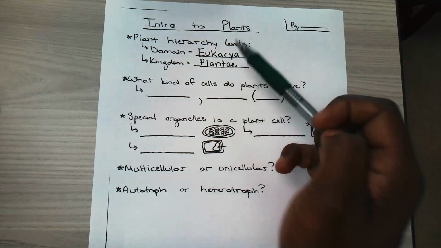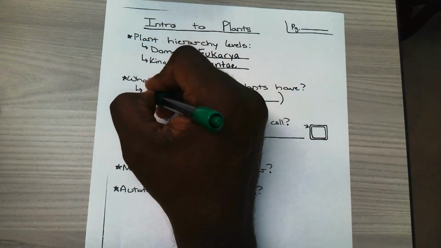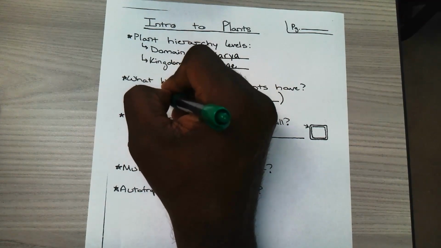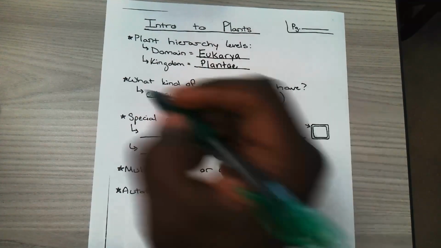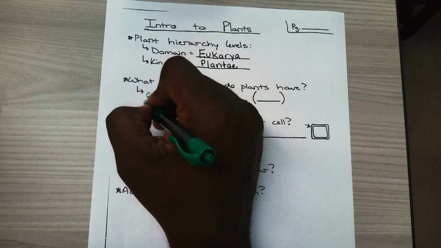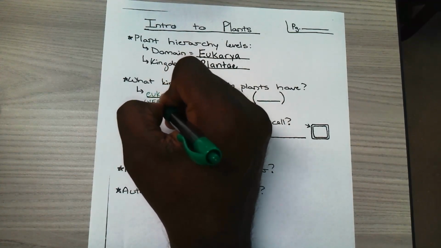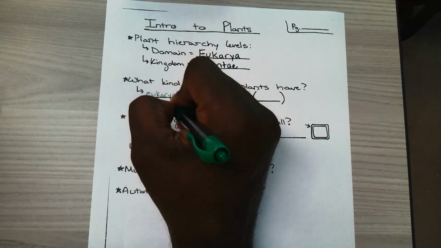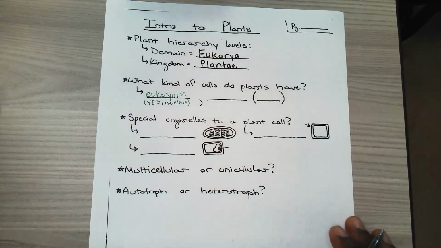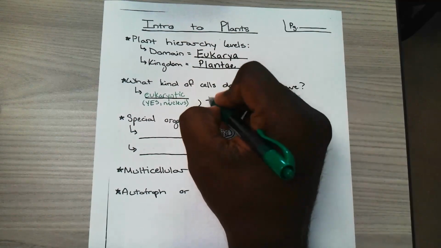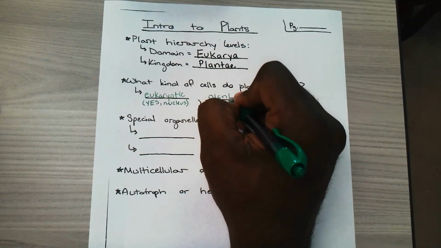Well, we've already talked about it. Plants have eukaryotic cells. As a refresher, this means, yes, they do have a nucleus. Of course, plants have plant cells.